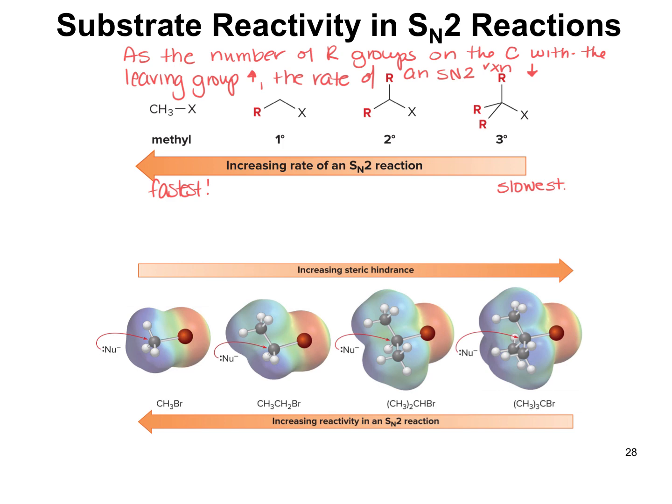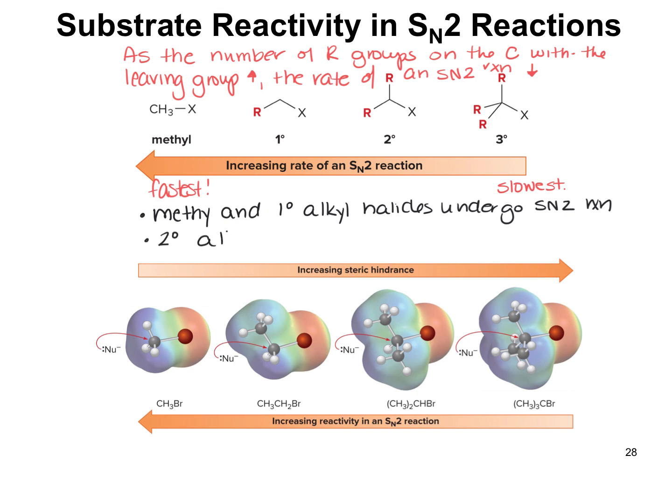So what does that mean for us? Well, methyl and primary alkyl halides undergo SN2 reactions with no problem, super easy. Secondary alkyl halides are very slow, and some older texts will say that they don't react at all, but there have been some papers that have shown that secondary alkyl halides do react. It's just incredibly slow.